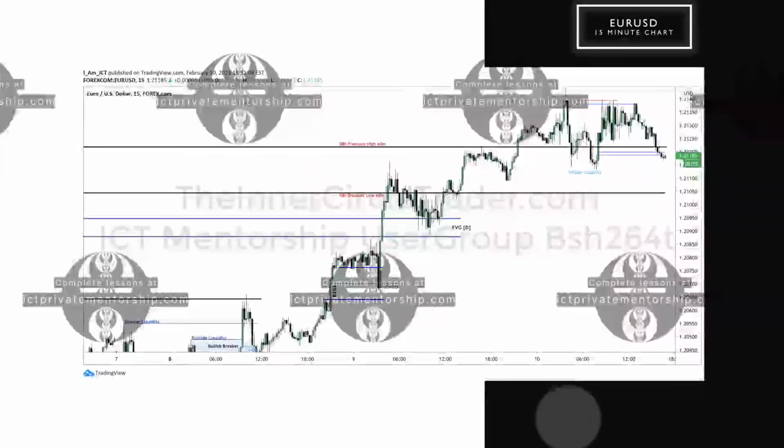15-minute Euro. All right, so we have, again, the sell side imbalance, buy side inefficiency, premium high, and discount low here. Works consequent encroachment here, runs a little bit higher. All of this in here has me concerned whether or not we pump up into that in the Euro news or in the New York session.